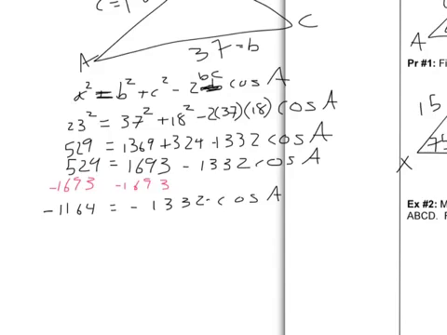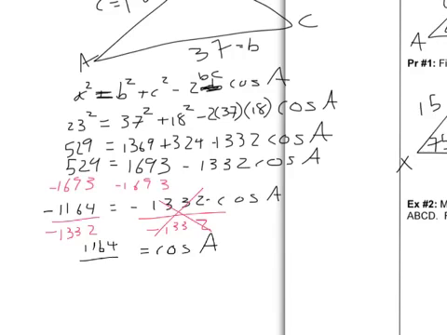We can divide both sides by negative 1332, and these guys cancel out, so we are left with the cosine of A equals, and these are both negative, so it becomes positive, 1164 over 1332.